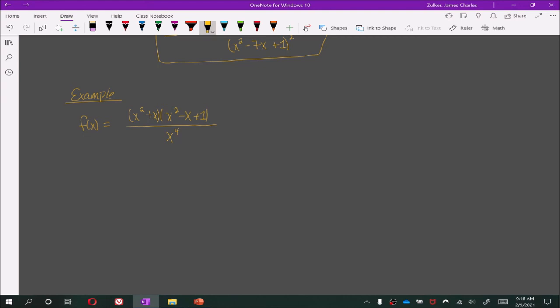Well, first, let's do this. Factor out an x. We'll be left with x plus 1 times x squared minus x plus 1 all over x to the fourth. This x here is going to cancel with one of the x's in the denominator. Now if we look, this is just x cubed plus 1.